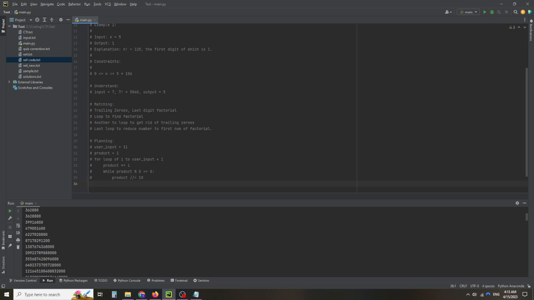So it's not the actual factorial, but the problem is we're just looking for the first number of the factorial.